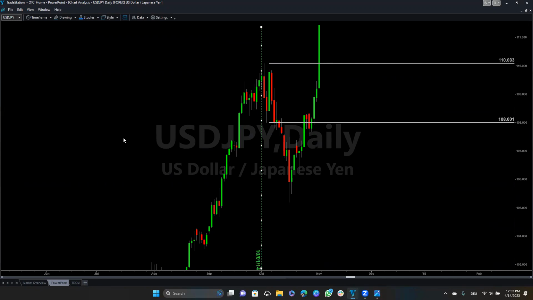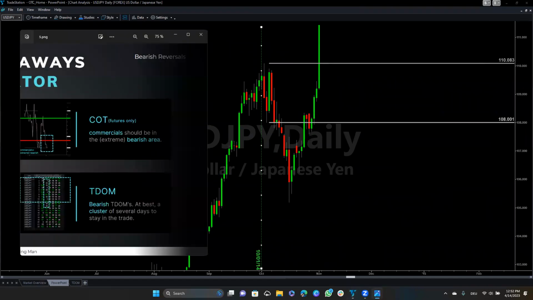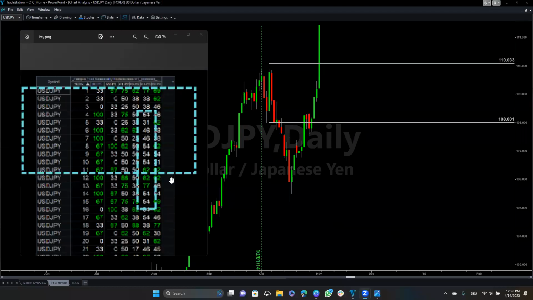Okay. A second. I changed a little bit for the picture, guys. Only this blue frame here. It's fine. Good. This is the first trading day.